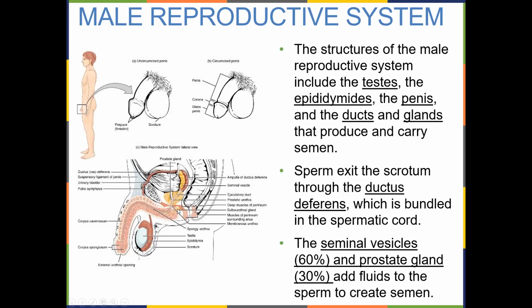And this tiny little gland right here in the back is the bulbourethral gland. That is the first semen that's released. It is released prior to ejaculation. It helps to cleanse the urethra and the tip of the penis, to help destroy bacteria.